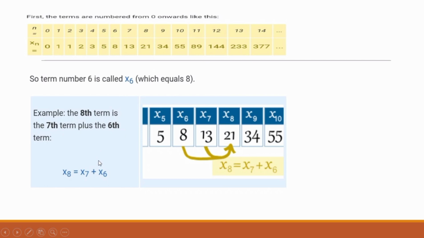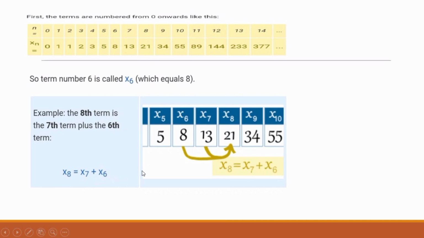So, we have the formula x sub n is equals to x sub n minus 1 plus x sub n minus 2. So, yung x sub n natin is x sub 8, and yung ating n is equals to 8. So, 8 minus 1 is equals to 7, plus x sub n minus 2, 8 minus 2 is equals to 6.